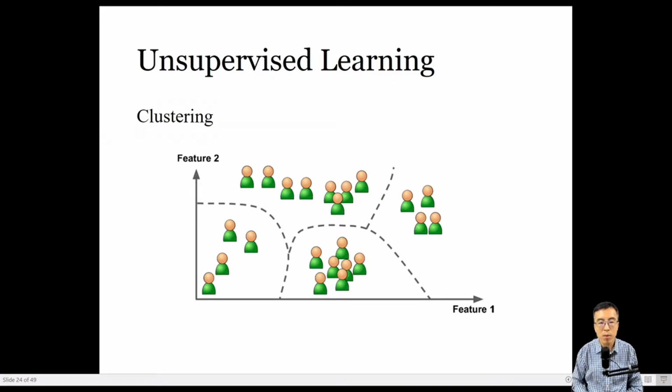Unsupervised learning is very useful, for example, in client segmentation, in which we try to classify clients with different features or characteristics into different categories, so that targeted advertisement or promotion programs can be used to customize or target those different client subgroups.